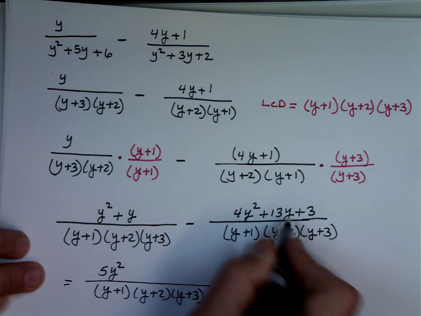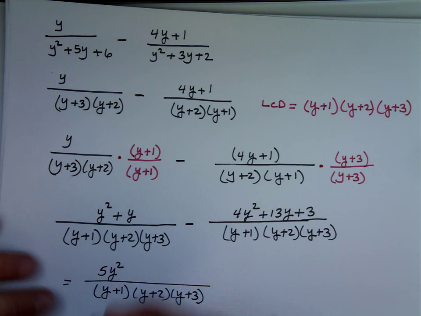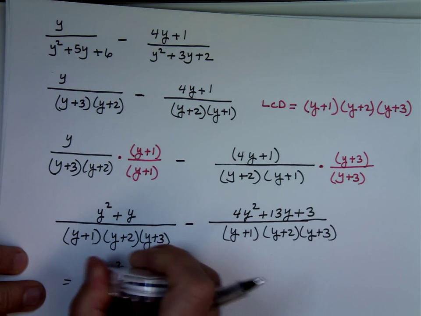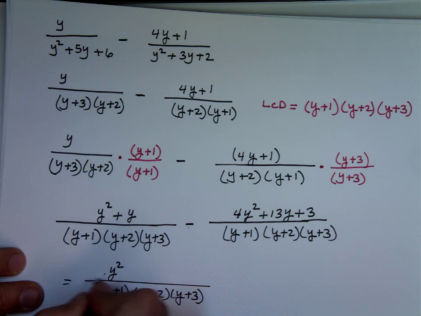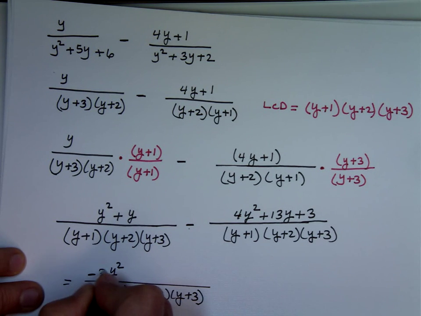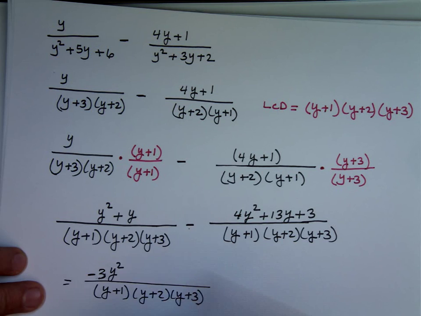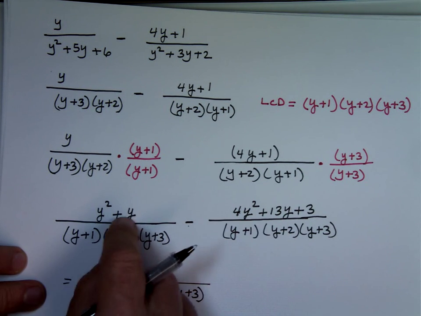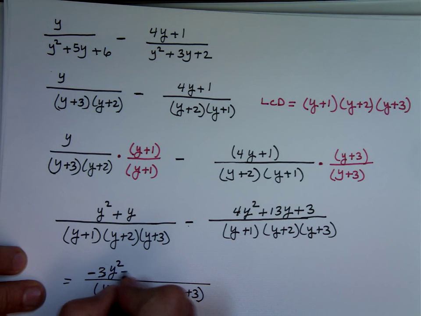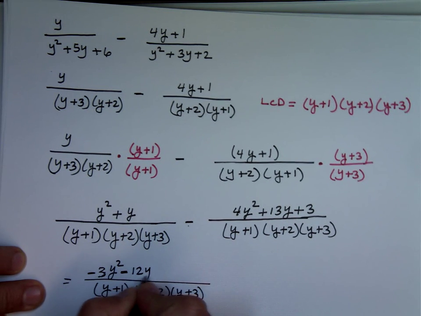Y minus, not a plus. Y minus 4y squared, that's negative 3y squared. Y minus 13y. What's y minus 13? Negative 12y. 0 minus a 3, that's a negative 3.